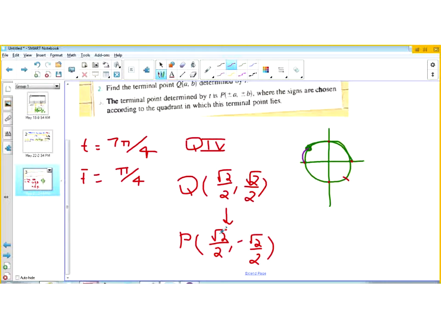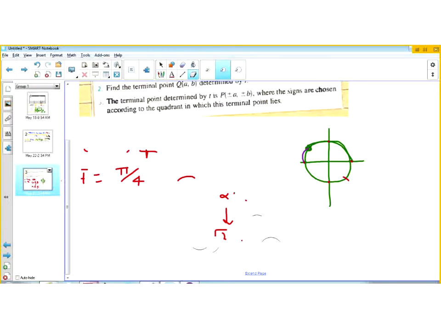All right, so one more example. Let's calculate the coordinates of the terminal point for terminal number negative 2 pi over 3.